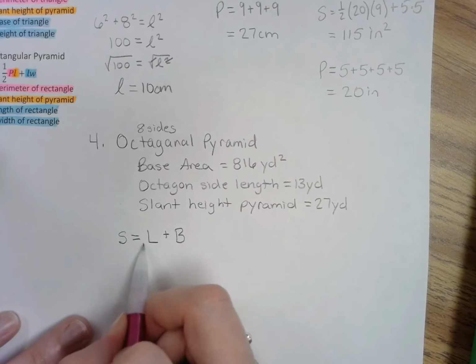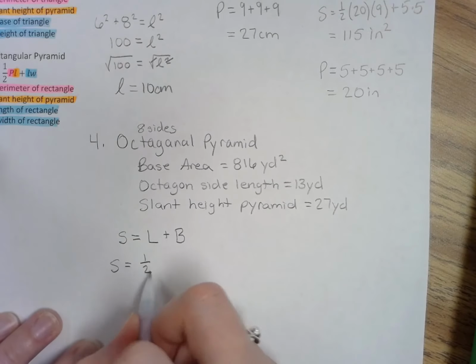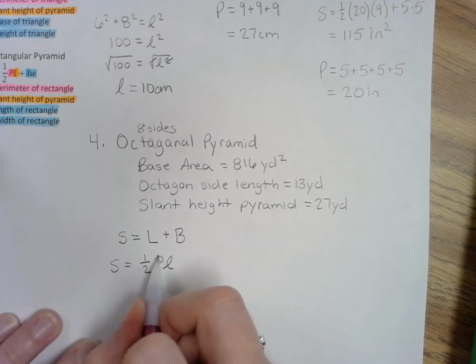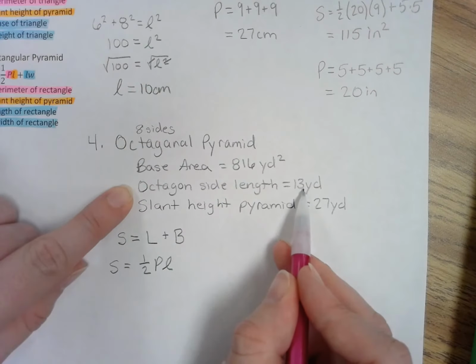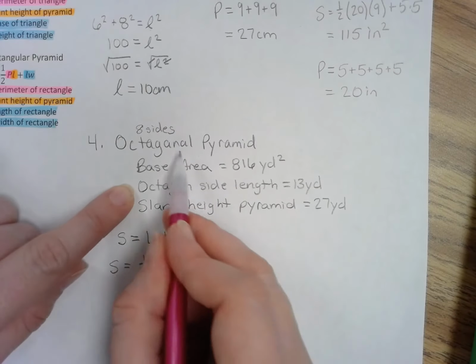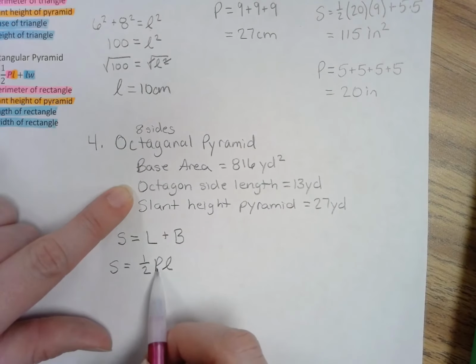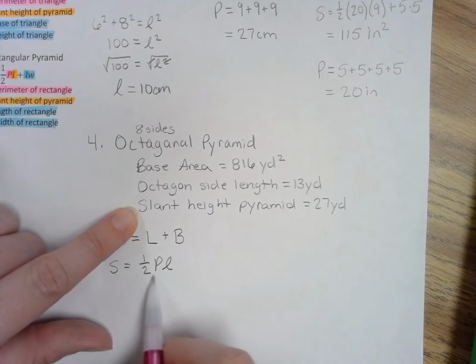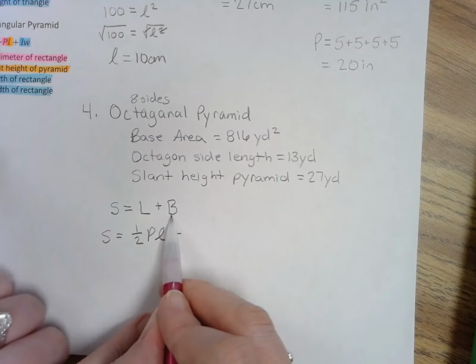To calculate the lateral area, we need 1/2 times the perimeter times the slant height. Well, we can calculate the perimeter knowing that the sides of the octagon are 13 yards and knowing that an octagon has 8 sides. The slant height was also given to us, so all of this part of our formula we can calculate. Plus the base area.